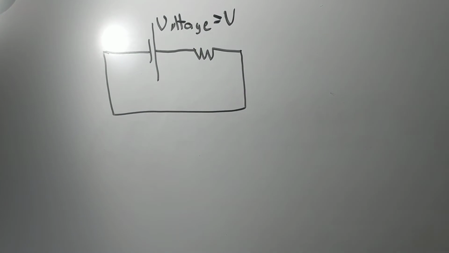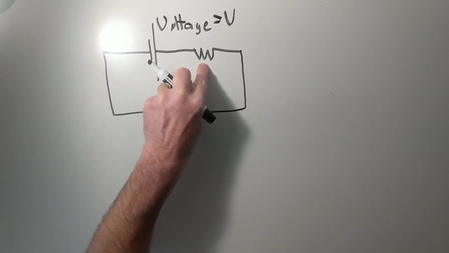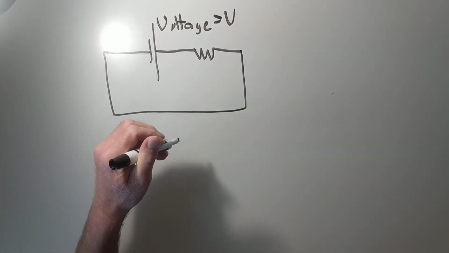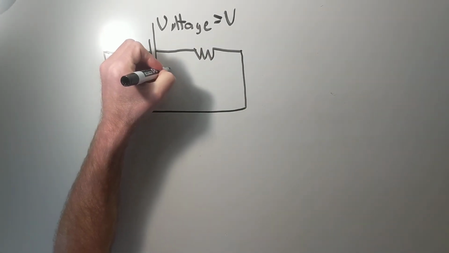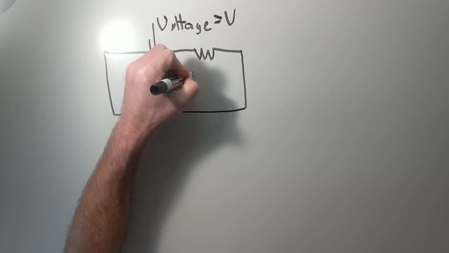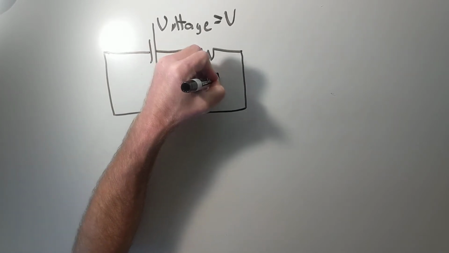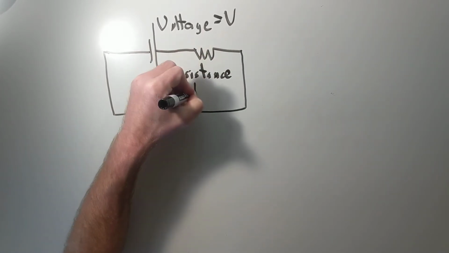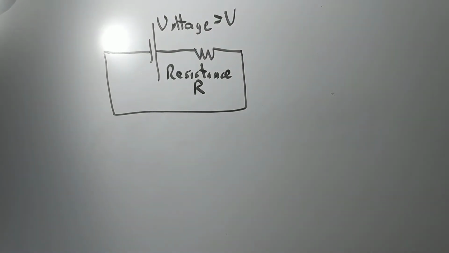That is what the energy is of the circuit. This resistor has a resistance that we call R. That is how much resistance is given to current in the circuit.